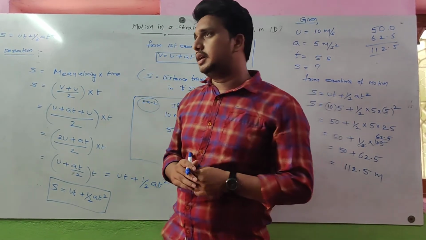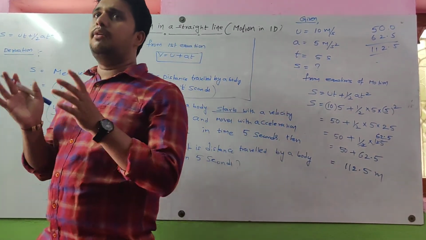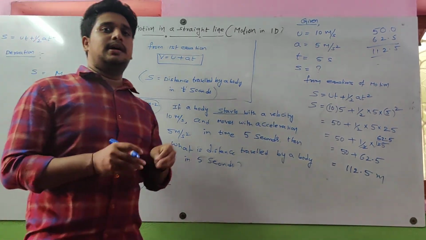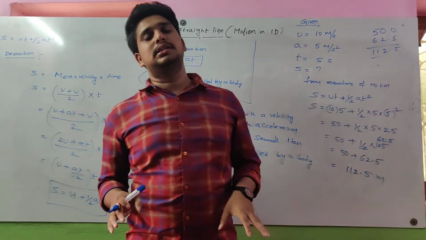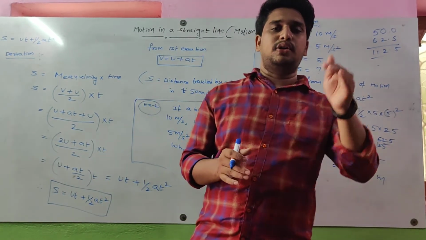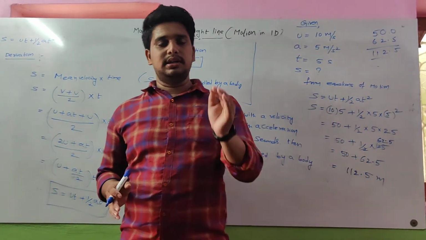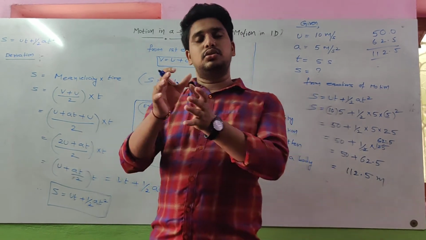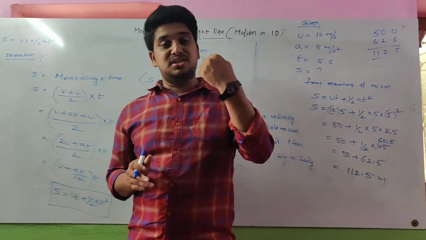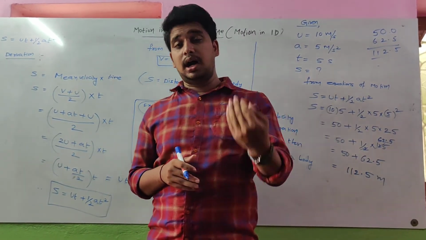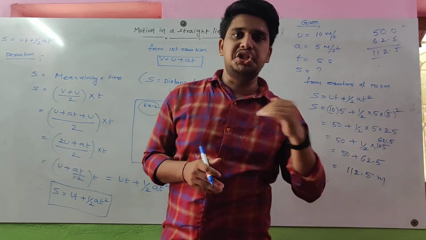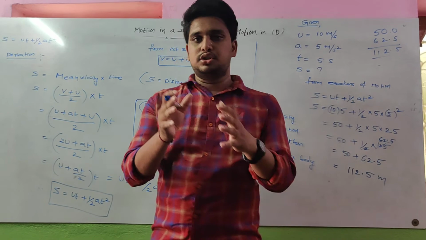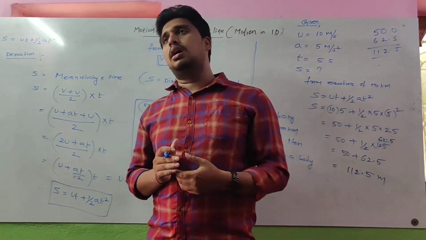This is very important. Friends, whenever you solve questions, please read the question 1 to 2 times. After reading, write the given data. By observing the given data, you get an idea which equation these parameters belong to.